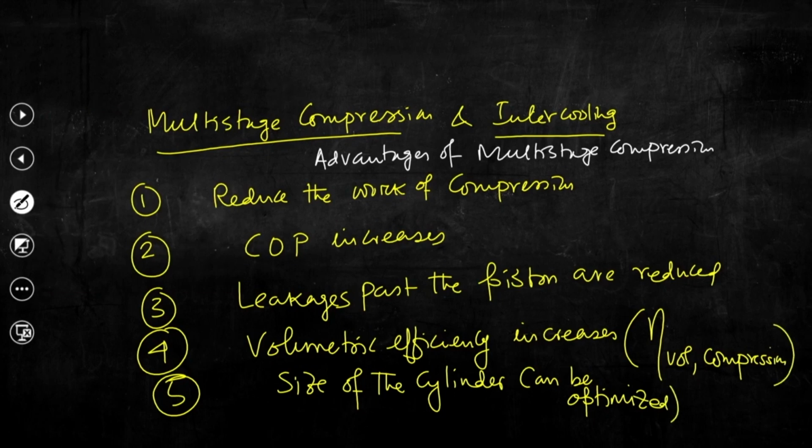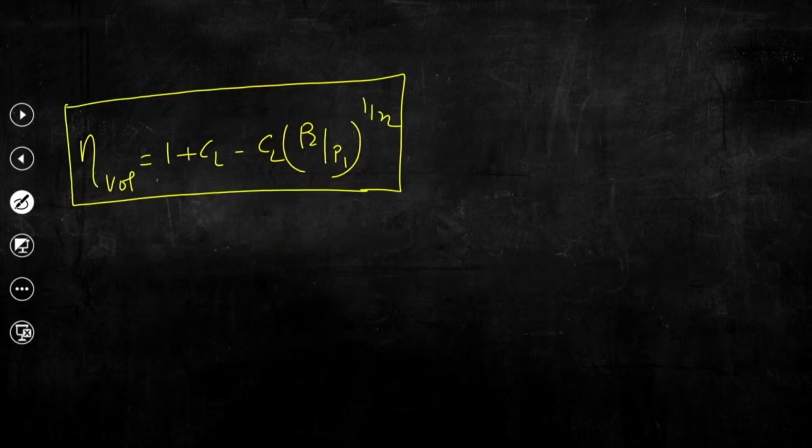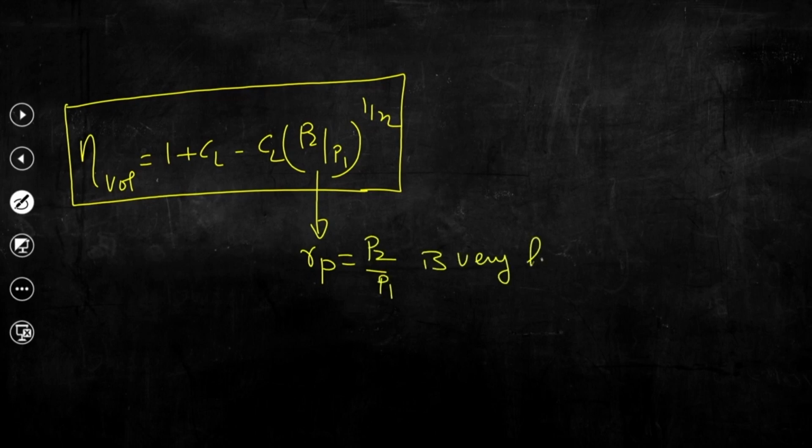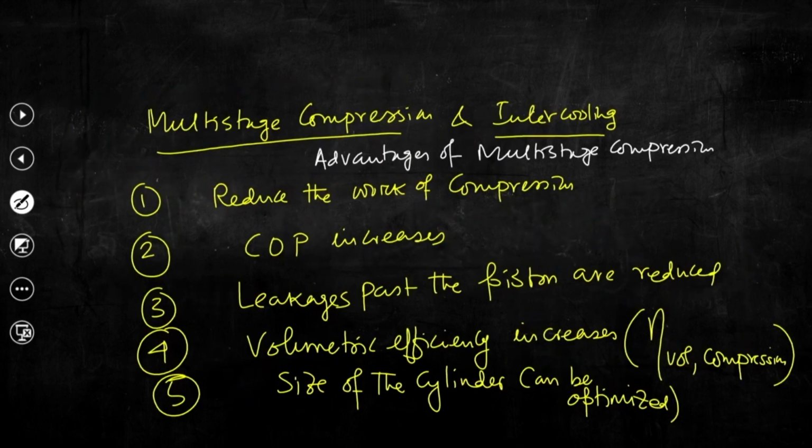See, a few minutes back we discussed that volumetric efficiency is a function of pressure ratio. If this pressure ratio Rp equal to P2 by P1 is very high, then volumetric efficiency will reduce, but if we use multistage compression instead, then volumetric efficiency will increase; otherwise it will reduce.